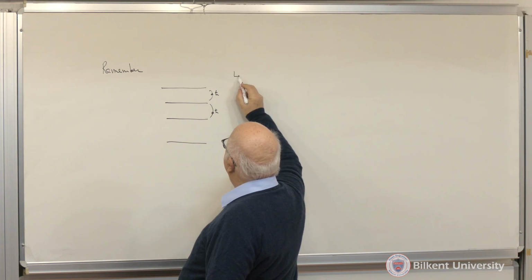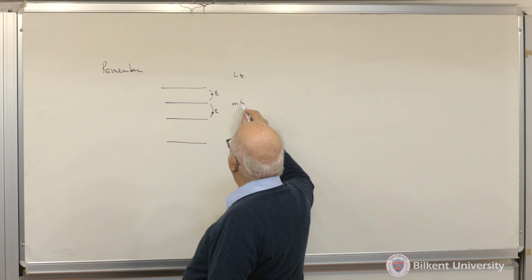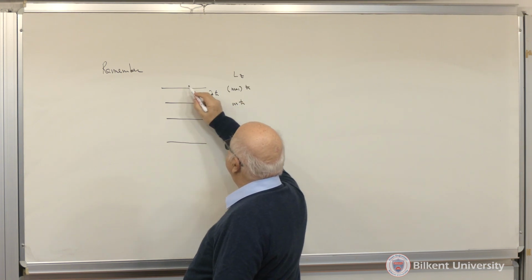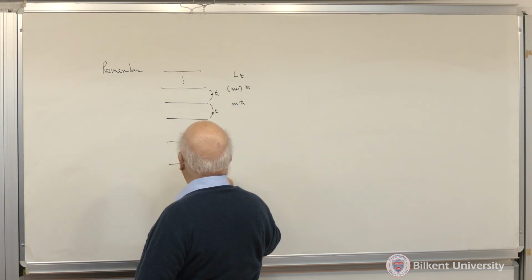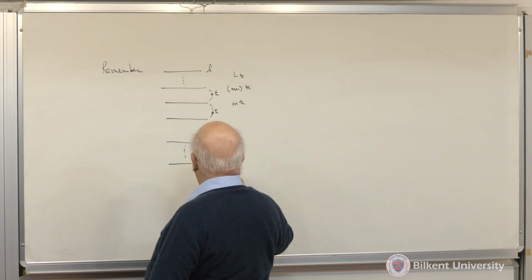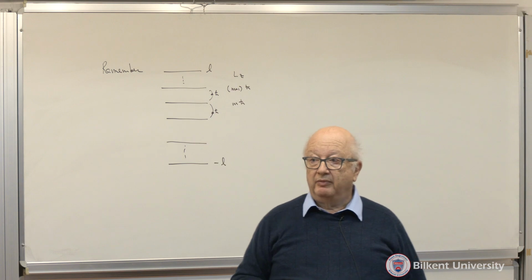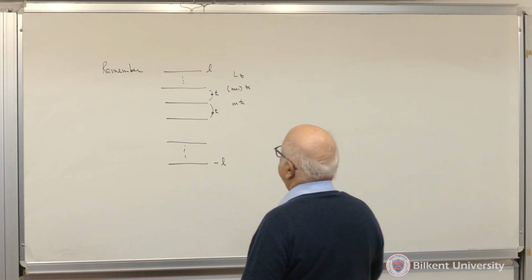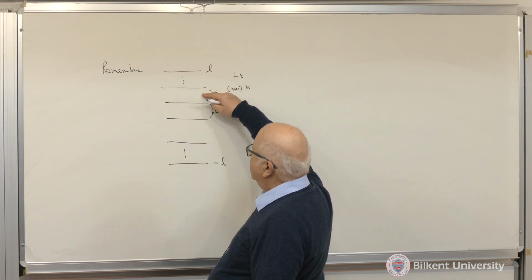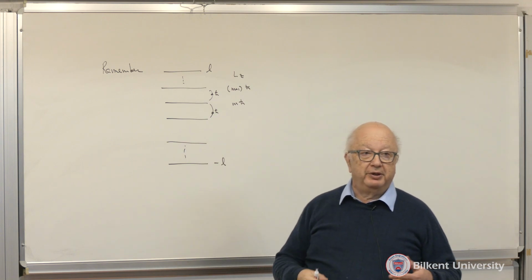So the values of Lz were m times h bar, m plus 1 times h bar, etc. So we had all this spectrum, and we said we can go up to some L and down to some minus L, and so we said this can be 2, 1, 0, minus 1, minus 2, for example, for L equal to 2.